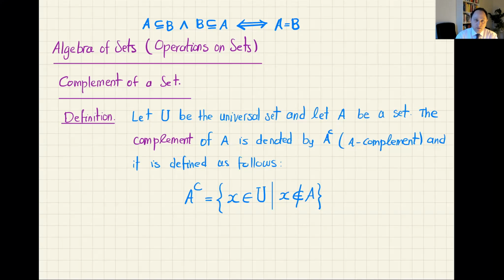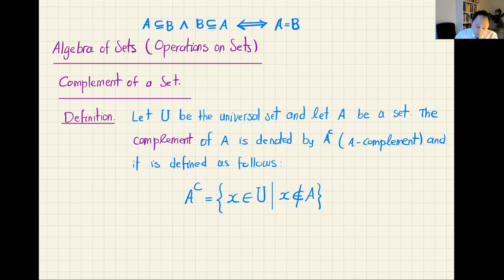Usually we don't mention the universal set explicitly, we assume that it exists somewhere and then we are working with sets. But if I ask you to write down the elements of the complement of a set, you have to know the universal set explicitly. Usually when we are working with numbers in real analysis, the set of real numbers is always implicitly taken as the universal set. But it is better to mention this explicitly.